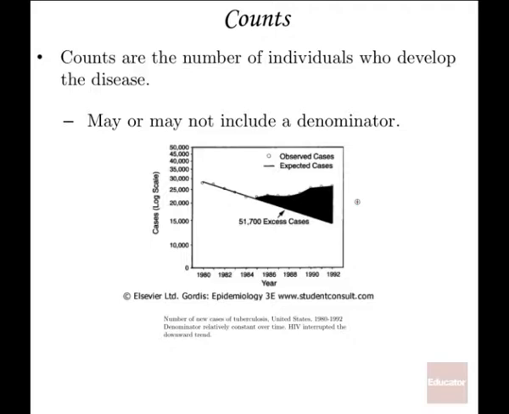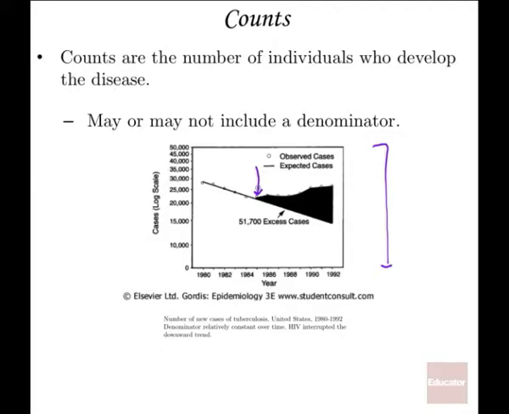So here is the first example. This is a count of tuberculosis cases starting in 1980. The incidence and prevalence of tuberculosis was on the decline until the outbreak of HIV, and individuals who have HIV are very susceptible to developing tuberculosis.